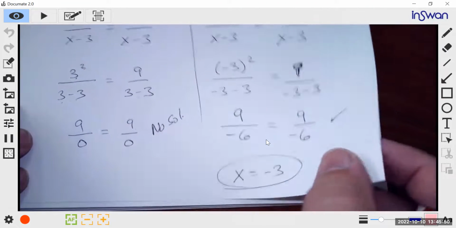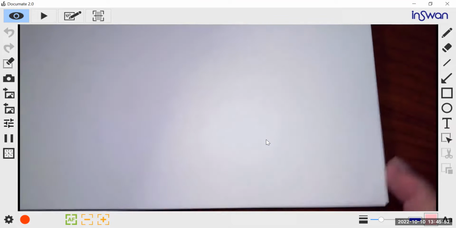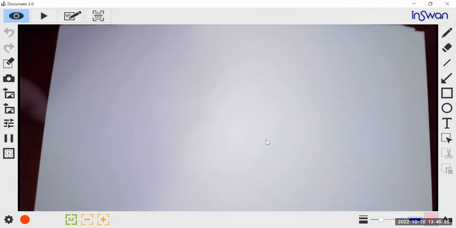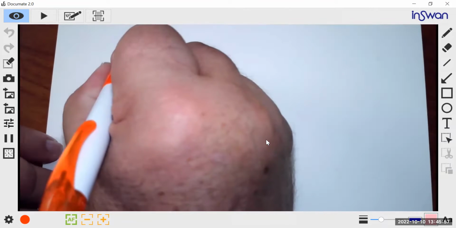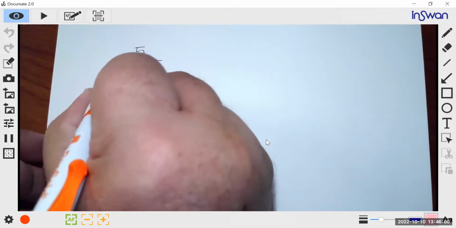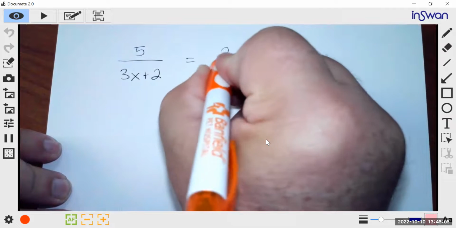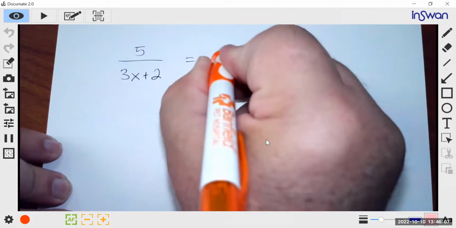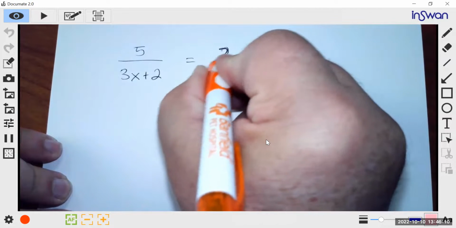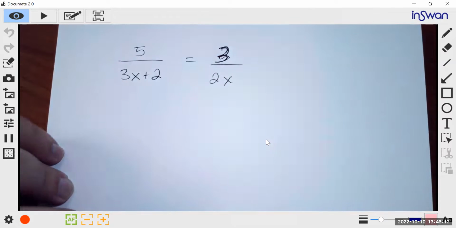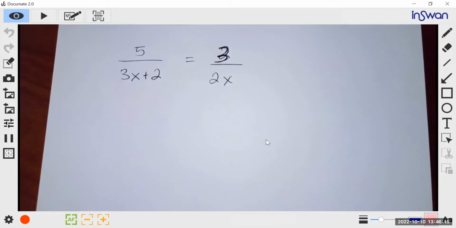Let's try some more. No, it's 3. Five over 3x plus 2 equals 3 over 2x.